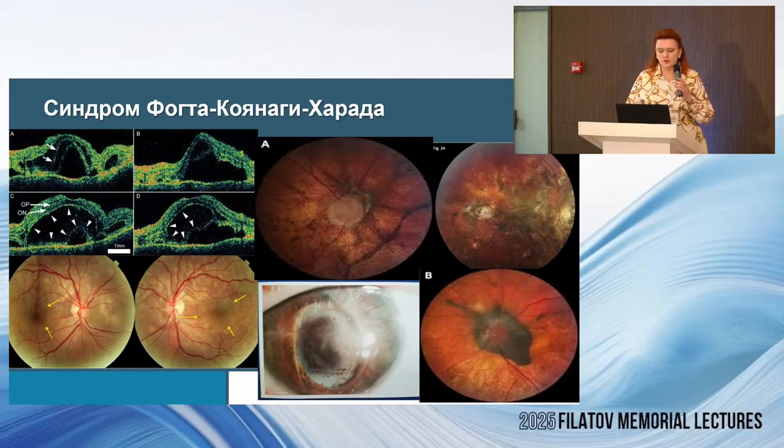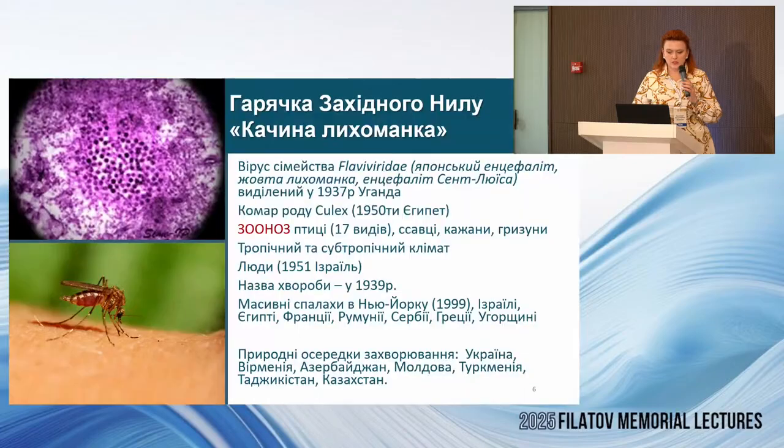The only issue is what specialist should treat this condition, because among our patients there was an Uzbek citizen with this syndrome, and he was treated by us because neurologists and rheumatologists refused to take this case without meningococcal meningitis. So, in the absence of this condition, just the syndrome of Vogt-Koyanagi-Harada was treated in our department.